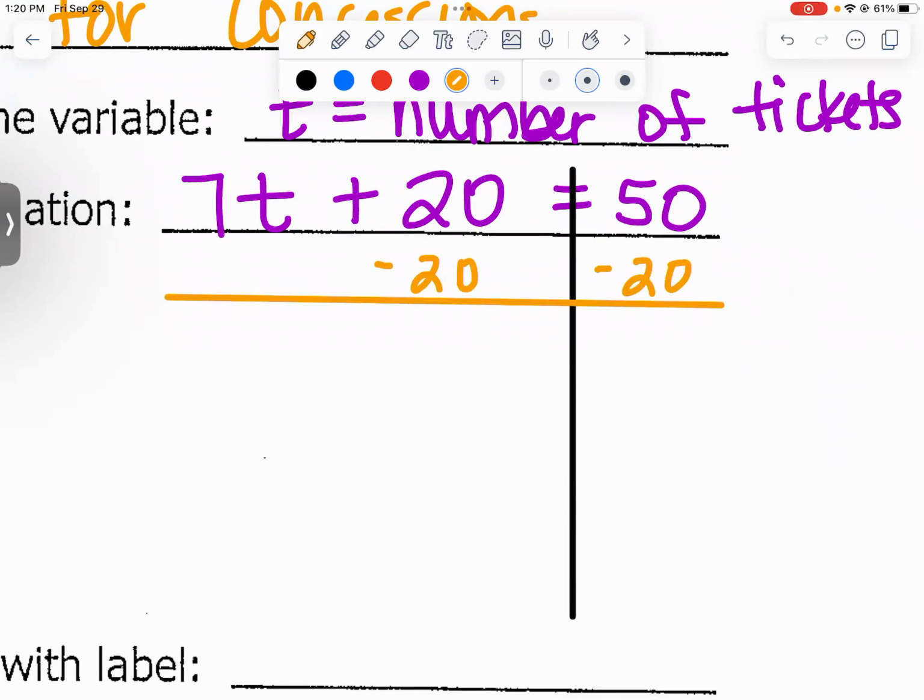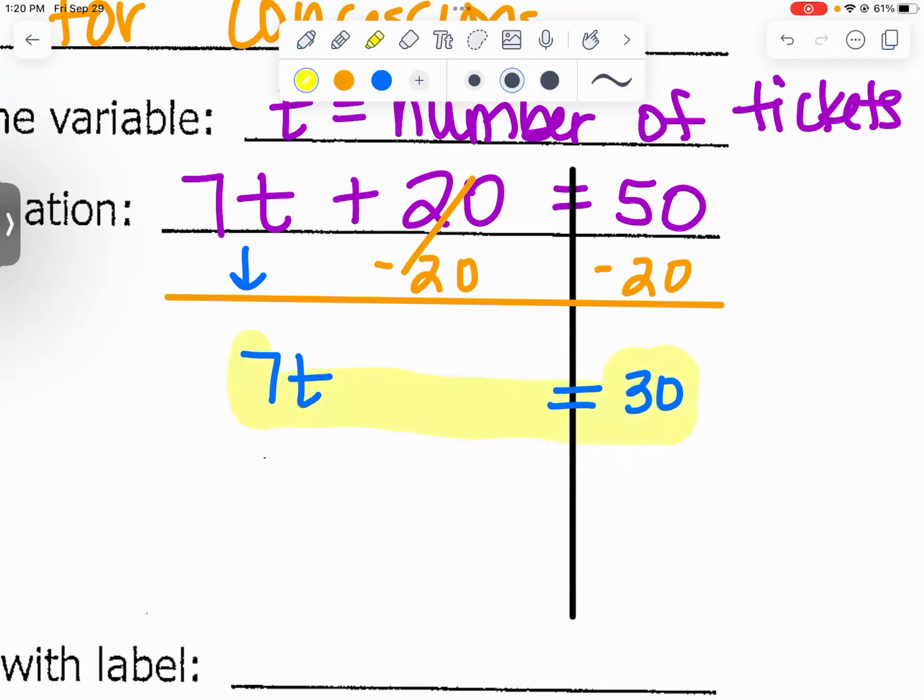Please make sure that you still bring down the 7T. The 20s cancel. And on the right side, we have 30. So I need you to see that you have this equation here, 7T equals 30. Okay. Cash, how do we get T by itself if we have 7 times T?